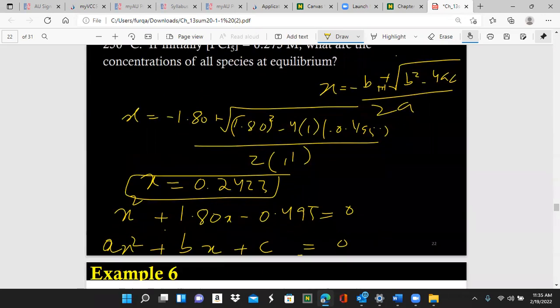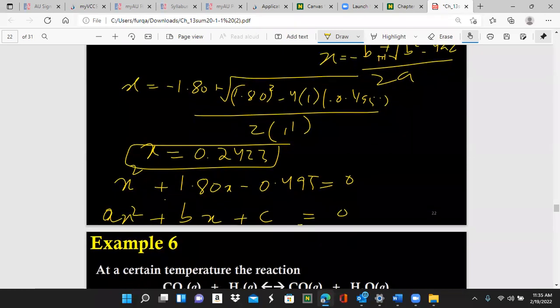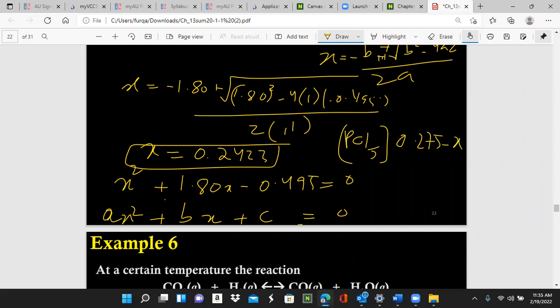You're now going to go back to your chart, where you found the equilibrium concentration for PCl5 was 0.275 minus x. So you've got the value of x, so subtract it from there.